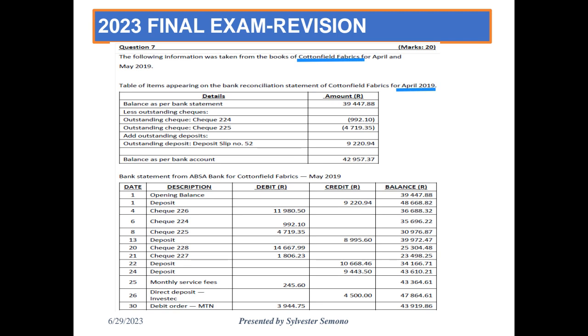So whatever you see on the debit side of the bank statement means that you paid, and whatever you see on the credit side means you received.